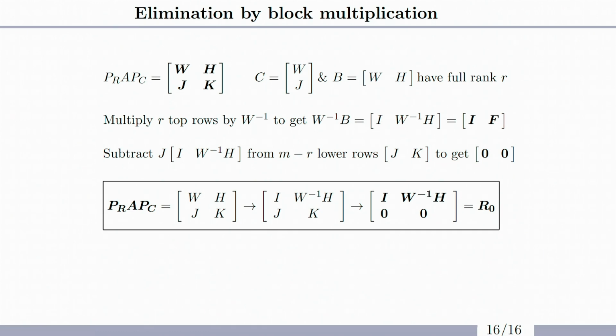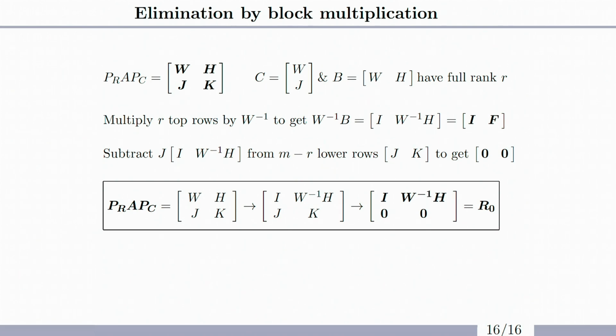If you look at the last line, that W in the corner ended up as the identity. The second block row, the J K, ended up as zeros. And the one remaining guy tells us the combinations that we are looking for, this W inverse H. So let me look at that equation in the box.